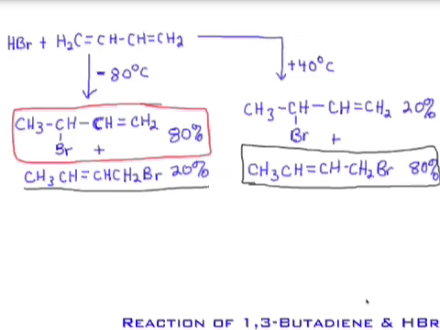So at minus 80 degrees, the reaction is kinetically controlled. The 1,2 addition product is formed faster due to a lower energy of activation. There's no equilibrium since there's insufficient energy for the reverse reaction. We can't overcome that energy of activation reverse.